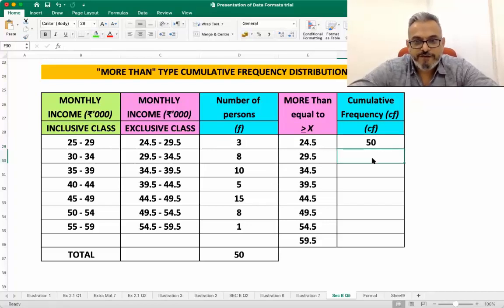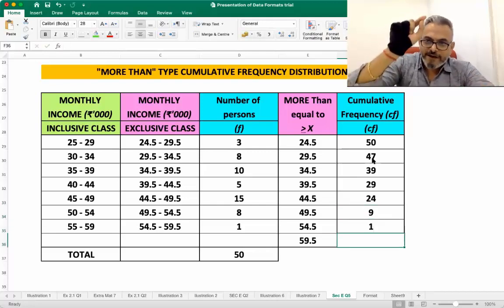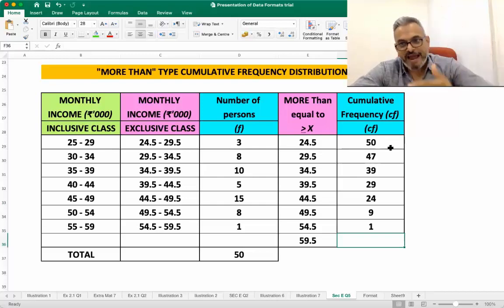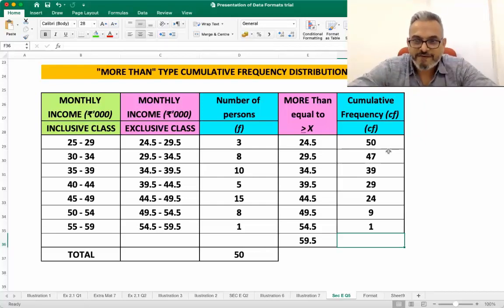More than or equal to 24.5 are all of these, so total is 50. Then 50 minus 3, 47. 47 minus 8, 39. 39 minus 10, 29. 29 minus 5 is 24. 24 minus 15 is 9. 9 minus 8 is 1. Keep your finger like this while doing it so that you don't get jumbled. For me, doing it on the screen is direct, but you put your finger and then start writing so that you don't make a mistake.